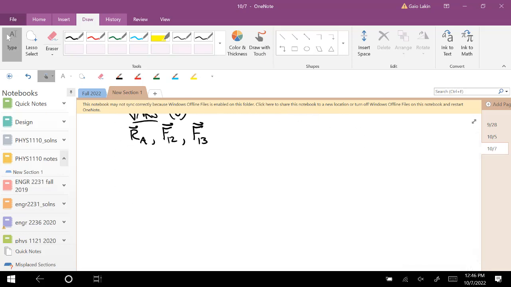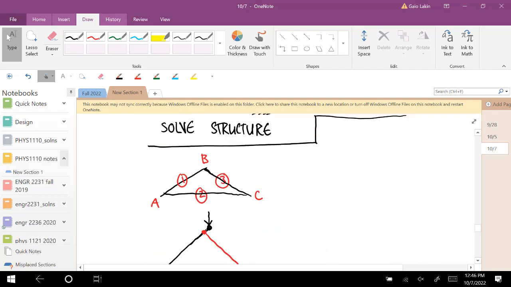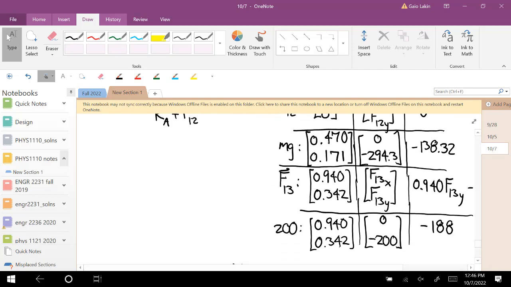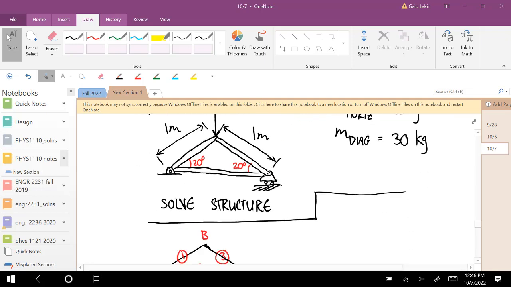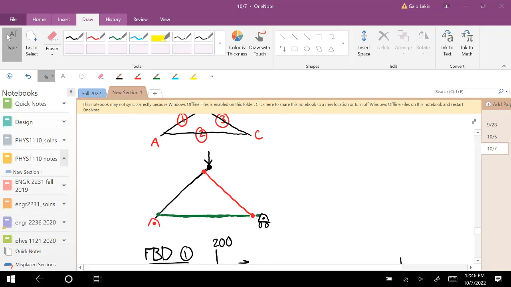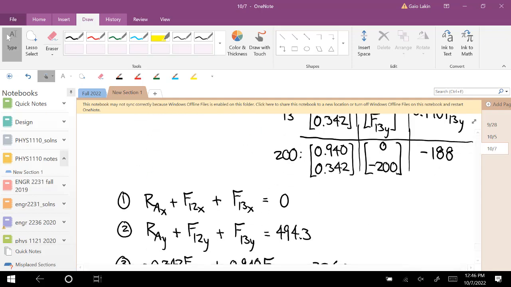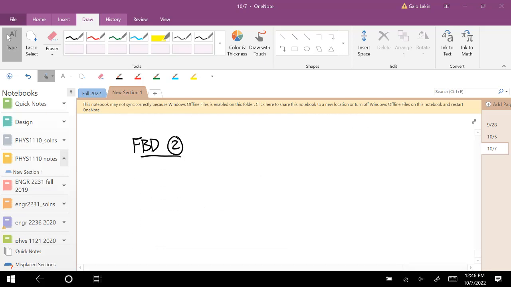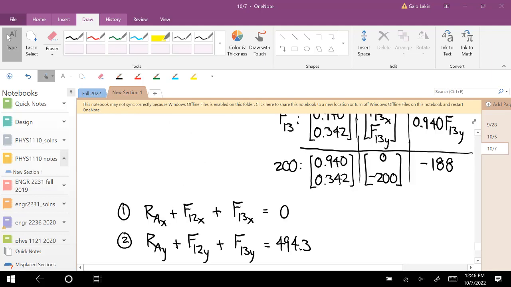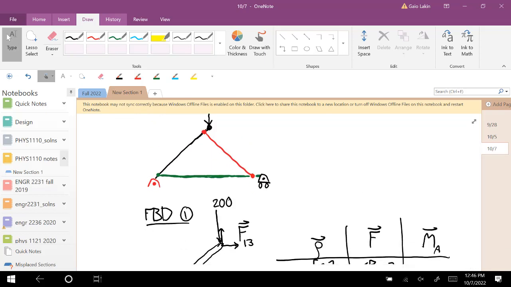So now let's go to member 2. So this is the horizontal one. On the left side, what forces are acting on member 2? Let's look at this little colored sketch I did.